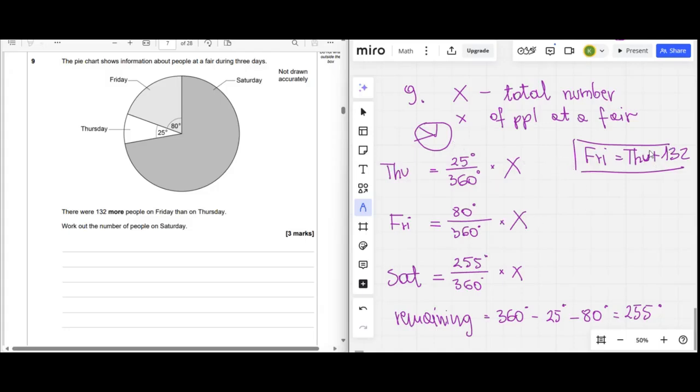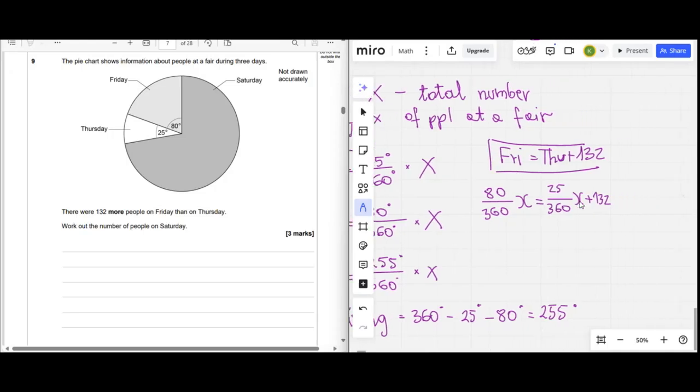Okay, so having that, we can substitute what we found out being the Friday number of people. Friday number is 80 by 360x, and Thursday is 25 over 360x, and to that Thursday we need to add 132. Thanks to that, we have an equation that we need to solve for x.